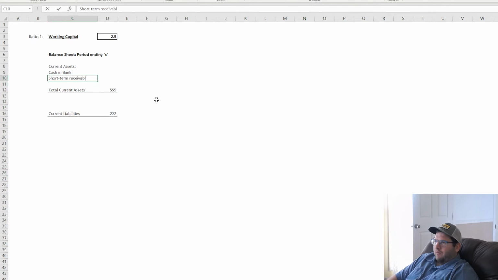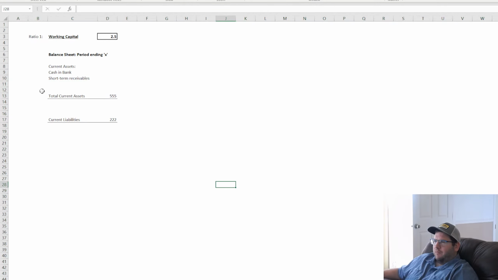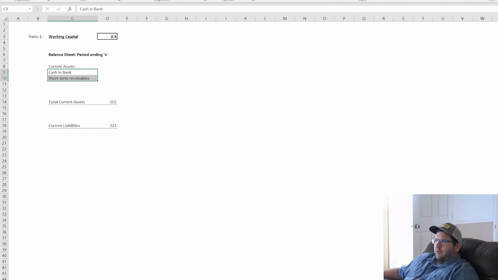Short-term receivables. So you can't include a long-term receivable. For example, let's say you made a loan to something that's like a 30-year amortization that they're paying you. That's not a current asset.